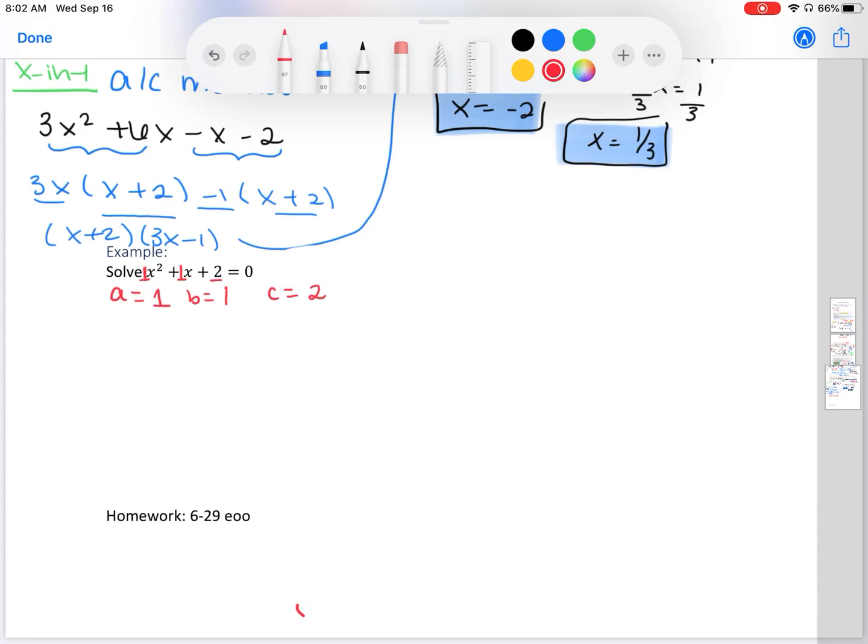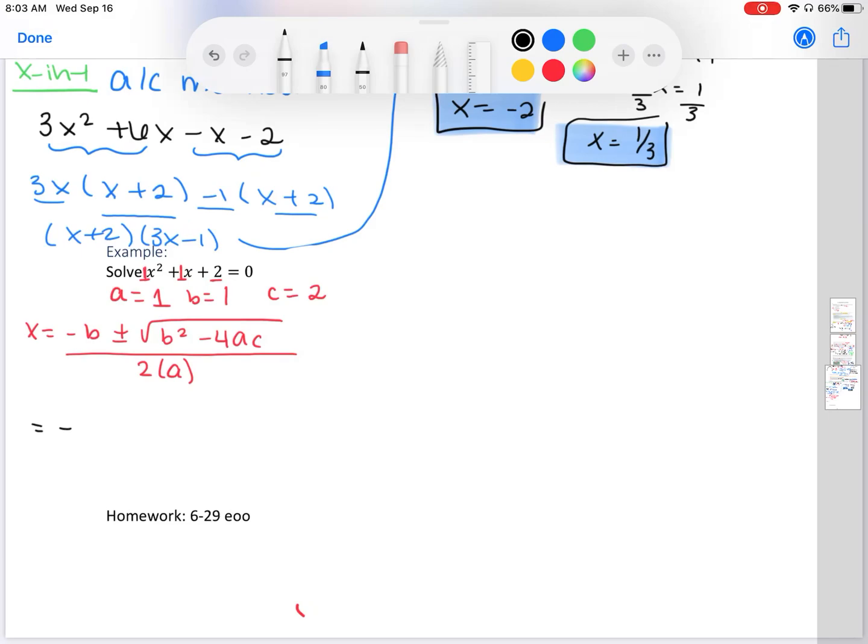Now our quadratic formula is x is equal to negative b plus or minus the square root of b squared minus 4 times a times c, all divided by 2 times a. Okay, let's work this out.